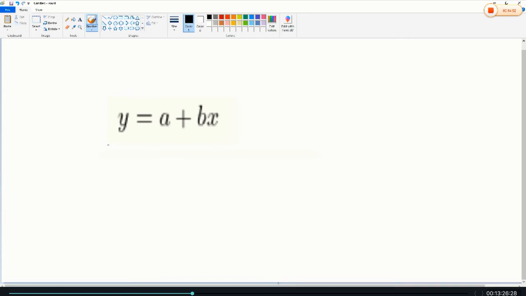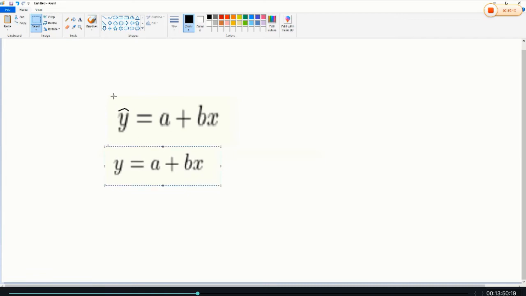Now, this equation isn't completely correct right now because you're going to want to have a hat over the y. What this hat represents is estimation, as opposed to the actual y value.